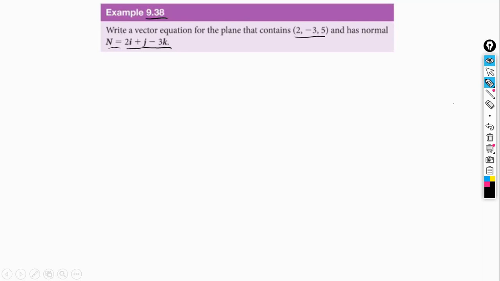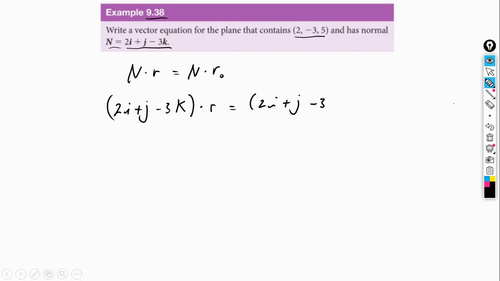Now remember that that one is in the form of n dot product r is equal to n, the normal, dot product r sub 0. So this is just going to be 2i plus j minus 3k dot product r is equal to 2i plus j minus 3k dot product 2i minus 3j plus 5k.